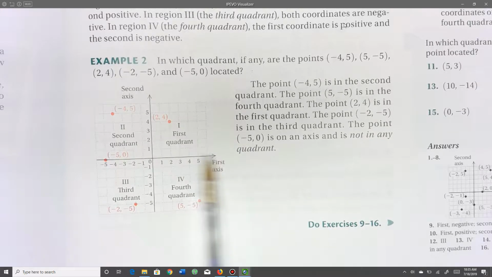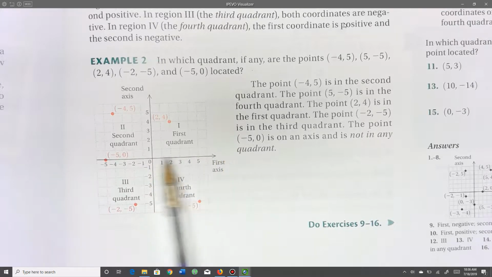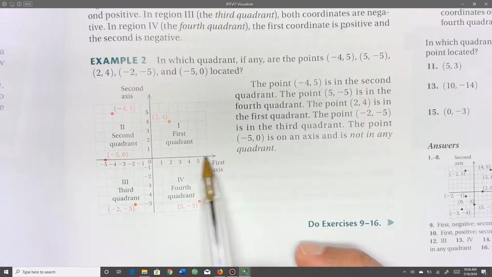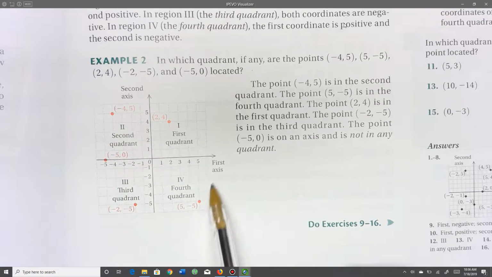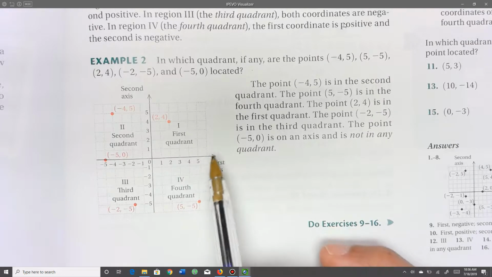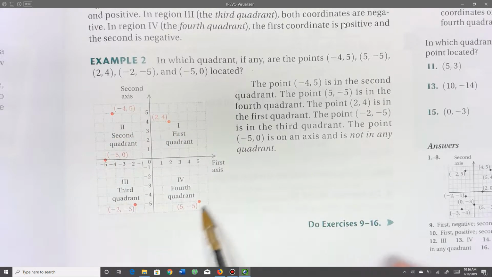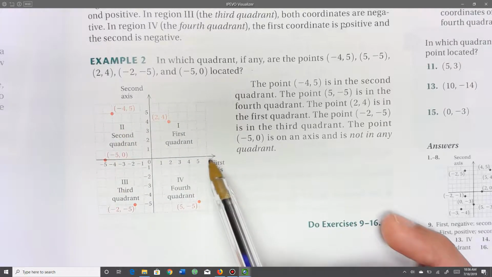Okay, the best way to learn this is to think about this as being the 0 degree right here, and moving this way to 360 degrees. Whenever you talk about degrees, you move this way, counterclockwise.